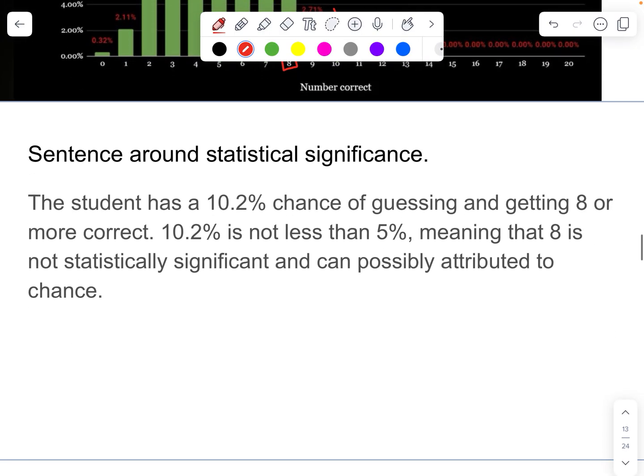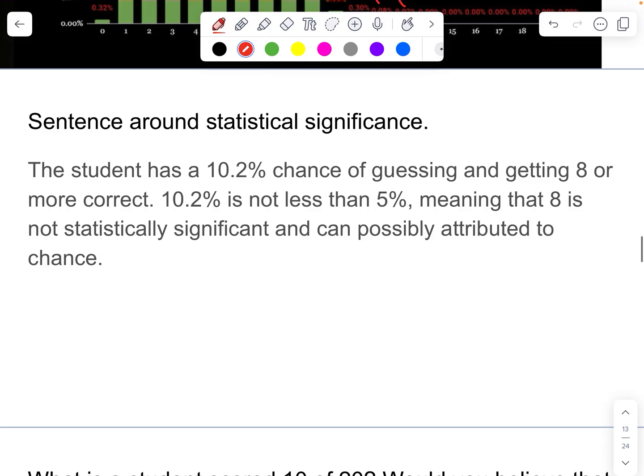Well, so the student has 10.2 chance of guessing and getting an 8 or more correct. Obviously, 10.2 is not less than 5%, meaning that 8 is not statistically significant and could possibly be attributed to chance. Of course, meaning we're not assuming that they guessed.